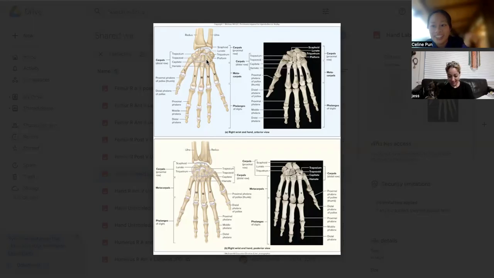And it's in the order of the bones, from lateral, from the top lateral, and then it goes medial. So it's scaphoid. You could write it down with the acronym next to it, you know what I mean? So you could write scaphoid, lunate, triquetrum, pisiform, trapezium, trapezoid, capitate, and hamate.